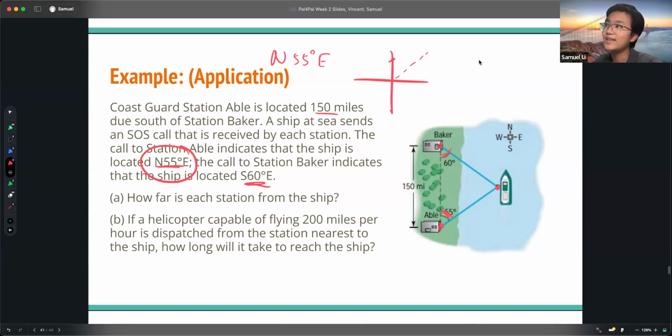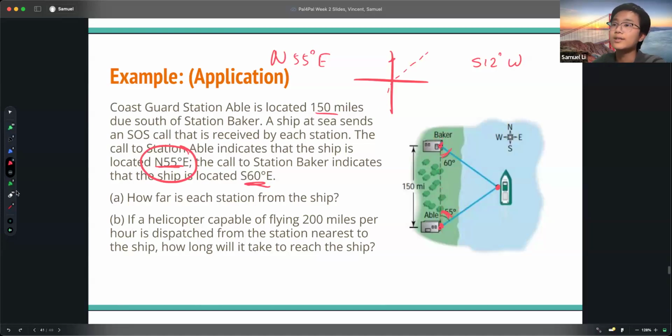For example, if it said south 12 degrees west, then it would look like this. So from station A, the ship is located 55 degrees east after facing north, so 55 degrees from the north direction. And for station B, it's 60 degrees from straight south.